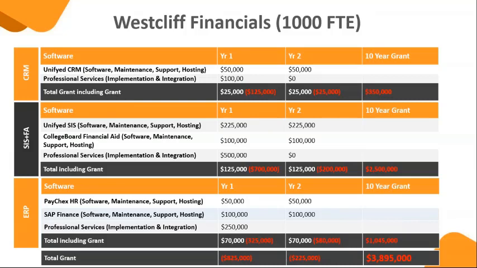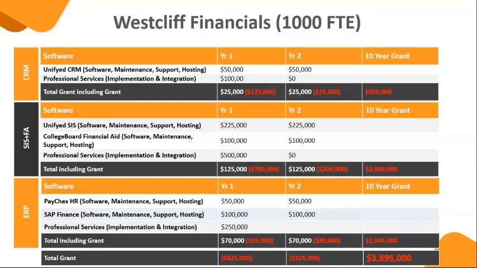So for a normal institution, choosing between building a student center, meaning a $4 million capital expense, and getting support to be able to migrate, in all reality, we've enabled Westcliff and Oklahoma to migrate at lower than the current maintenance cost of their Ellucian contract, or in the case of Westcliff, their Ellucian and Salesforce contracts, and their previous HR and finance contracts.